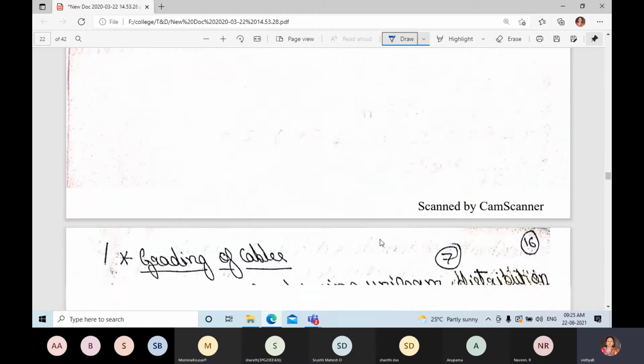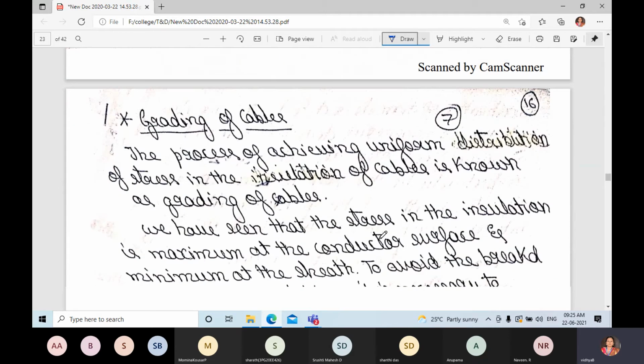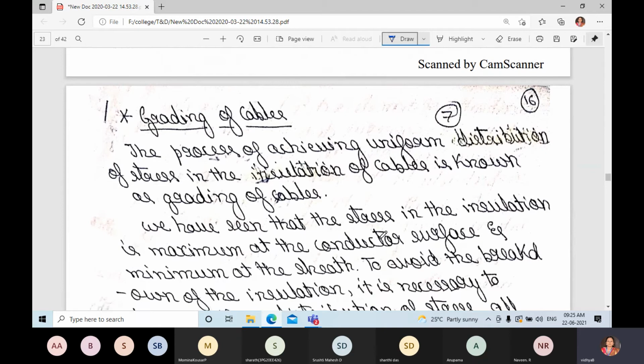Next topic is grading of cables. We have discussed the layers of cables. So many layers.